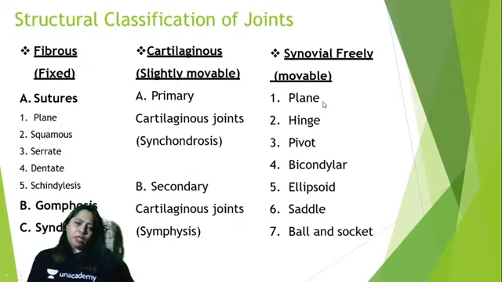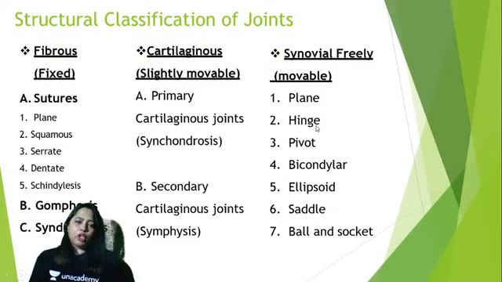In the plain type of joint, the name itself indicates that two bones are held together and there is just plain sliding and gliding type of movement. Next one is hinge type of joint.